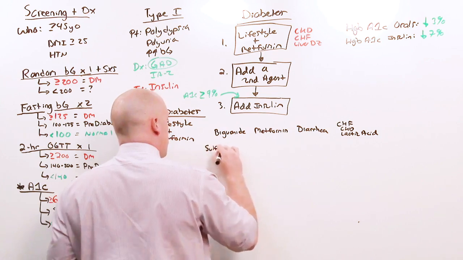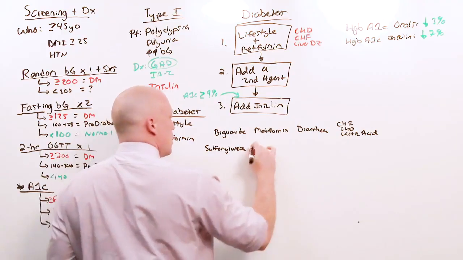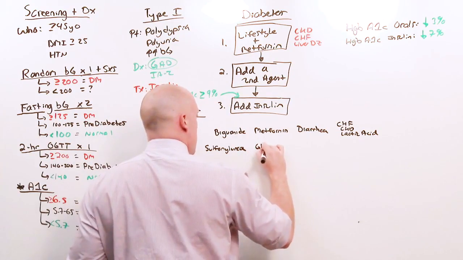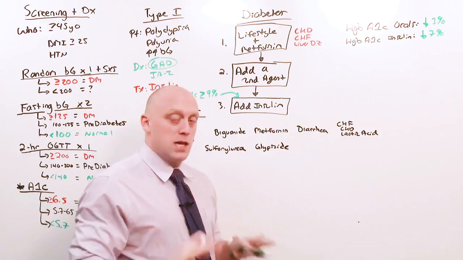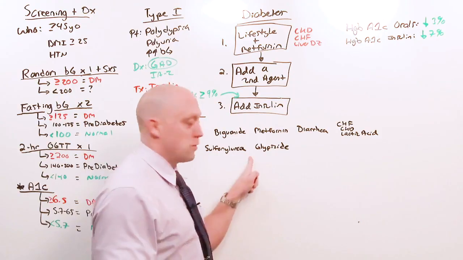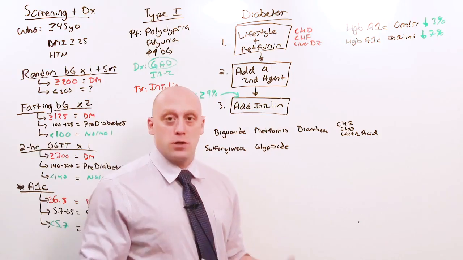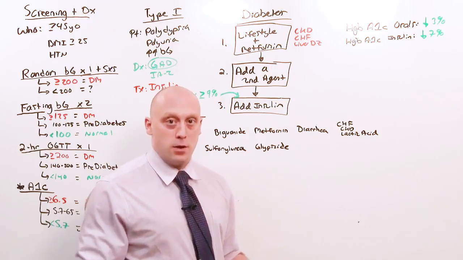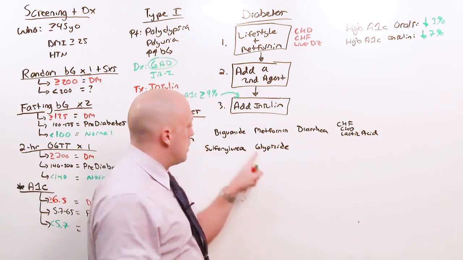Sulfonylureas used to be the second medication to use. This is glipizide and glyburide. For you, not studying for the test but for practicing medicine, should stick with metformin and sulfonylureas. They've been around a long time, we know their side effect profile, and they're very cheap. Keeps the cost of healthcare down. But the ADA says that none is better than the other, so you can use any of these.